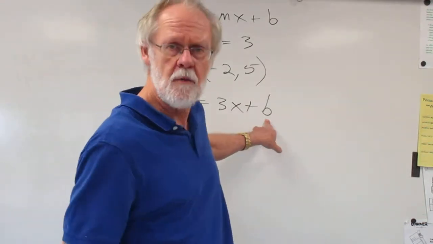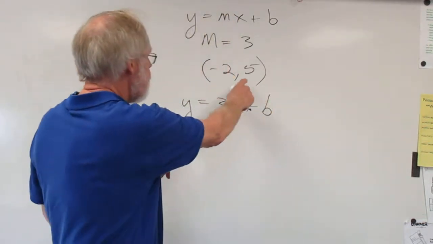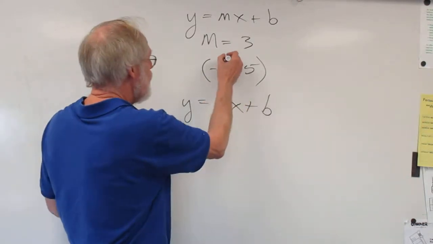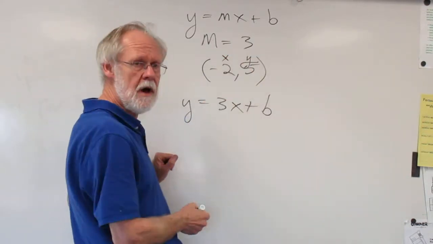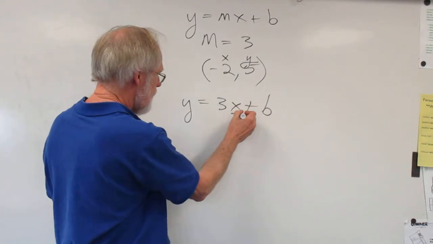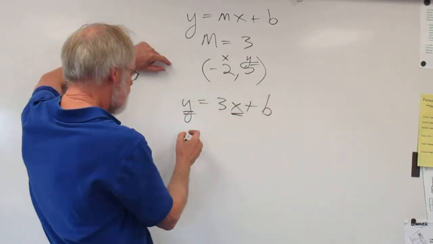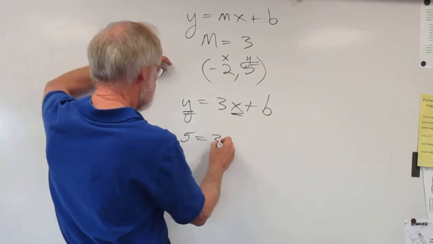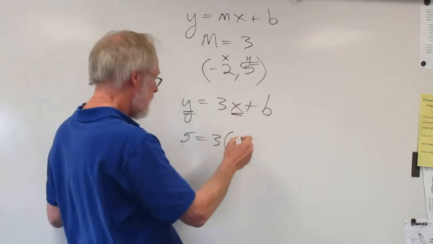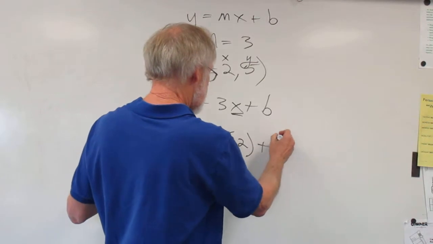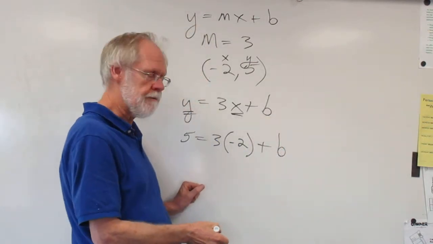Now, we don't know the y-intercept yet, but we do have a point on the line, and notice this point has an x value and a y value. Here's an x, here's a y, so we can substitute. We put the 5 in for y, we get 5 equals 3 times the x value of -2 plus the y-intercept.